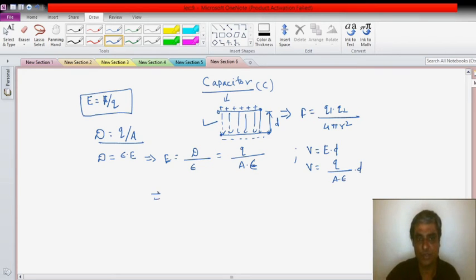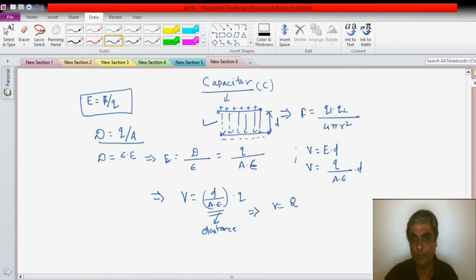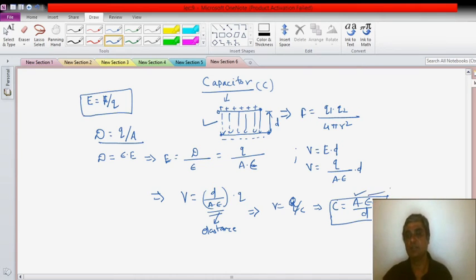So I can express V in terms of Q: V is d divided by A epsilon into Q, and this geometry factor is called elastance. Capacitance is the opposite of elastance. So V will be equal to q upon C, and C, the capacitance, will be A epsilon upon d. So your capacitance depends on the area, the permittivity, and the distance between the plates.